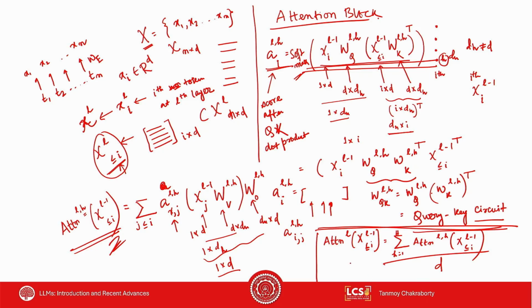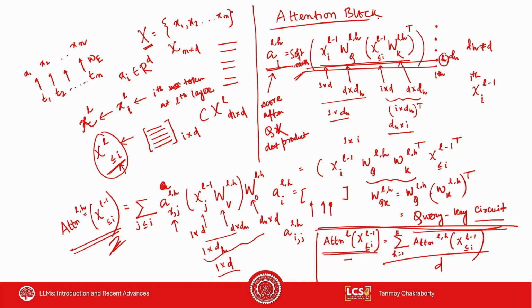Now this attention vector will be added to the residual stream, and in the residual stream there is already this vector X_i^(L-1) which is coming in. So through this residual connection, this will be added.